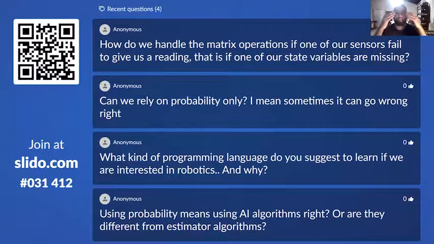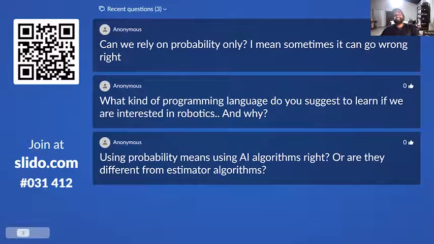Again, think about it as covering your eyes and counting your steps. The moment observation comes is when you open your eyes and sensor information is coming into the system. So if the sensors fail to give us a reading, we don't do the update; we don't take in the sensor information, and we rely on probability only. Sometimes it can go wrong, but it's actually better than not thinking about probability, because if we pretend everything is 100% accurate, then we are in actual trouble.